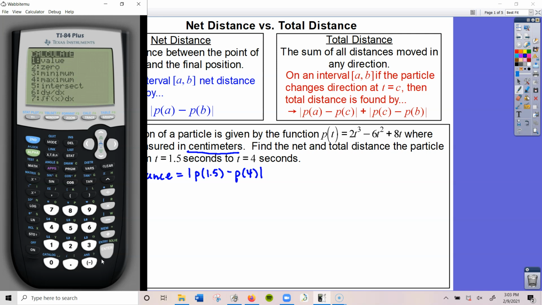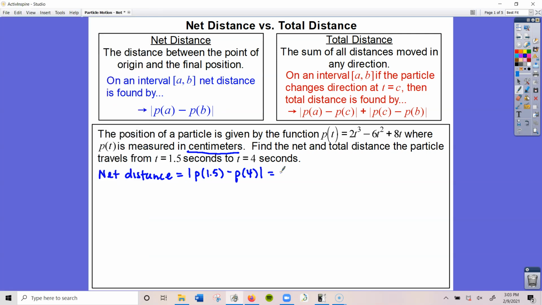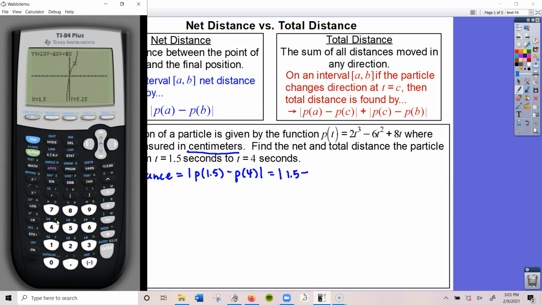Let's go to the second calc menu. I need my value, so I put 1.5, and 5.25 is P of 1.5. Now let's get the value for 4, and we get 64.